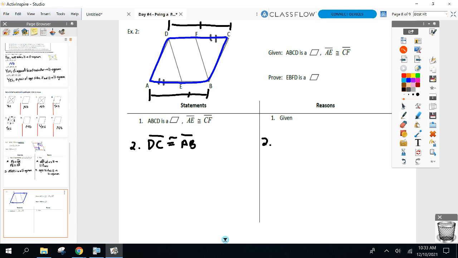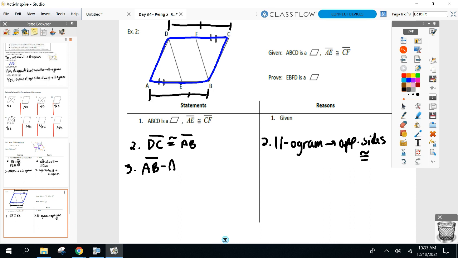That's all I want to know. Parallelogram implies opposite sides are congruent. Thank you. Opposite sides congruent. Now I can go back to Adrian's idea. Let's subtract them. AB minus AE equals DC minus FC. Subtraction, substitution.